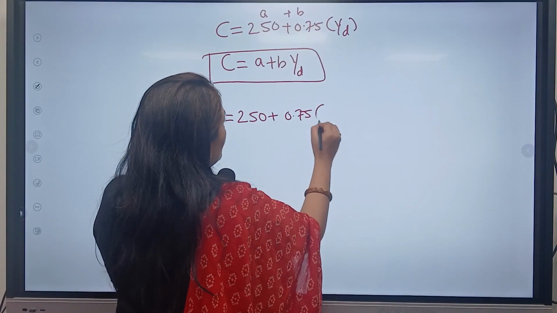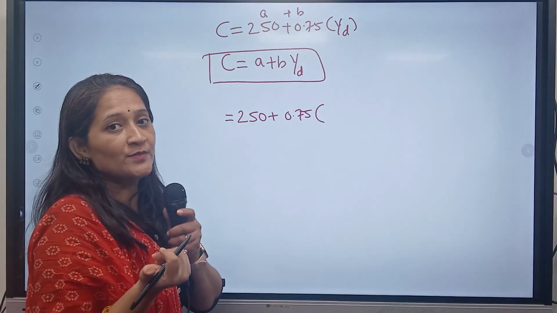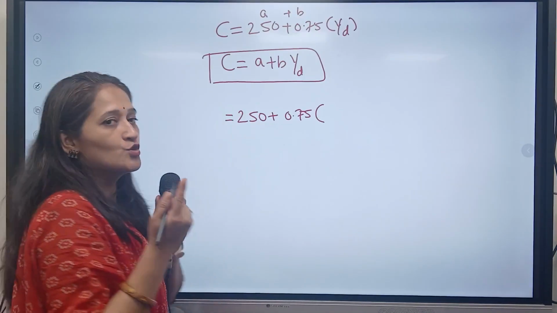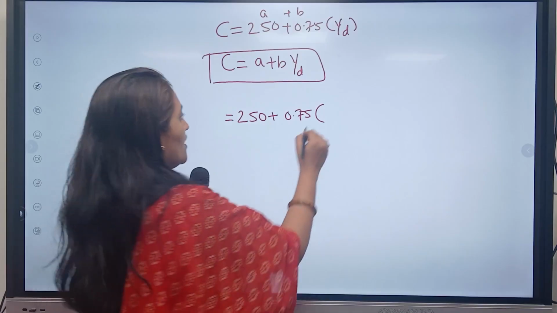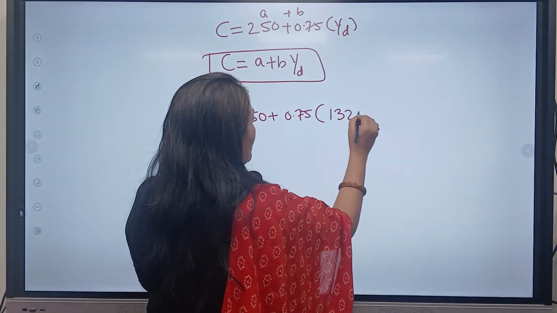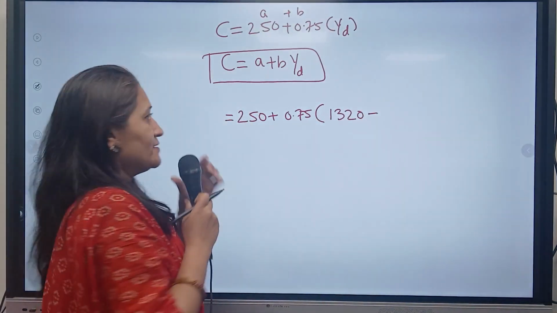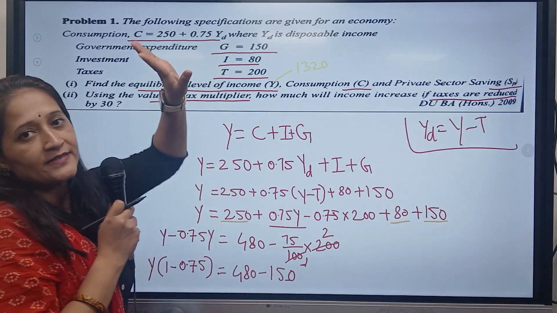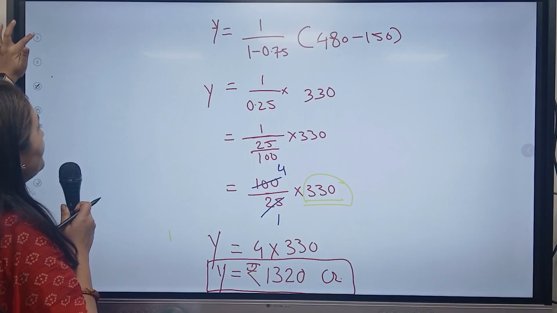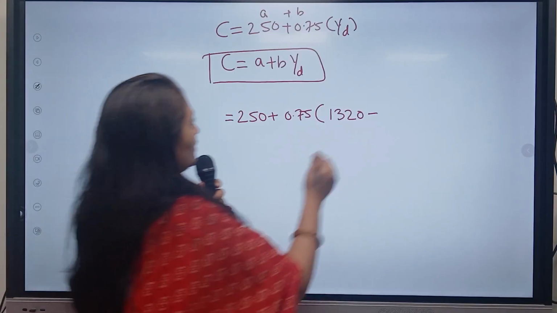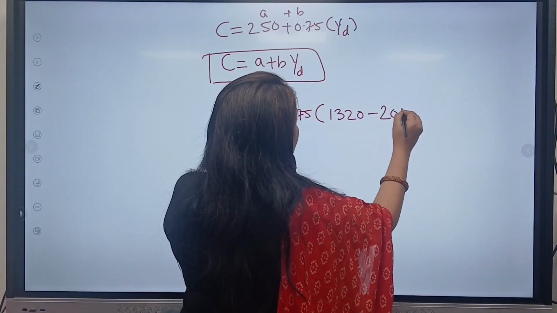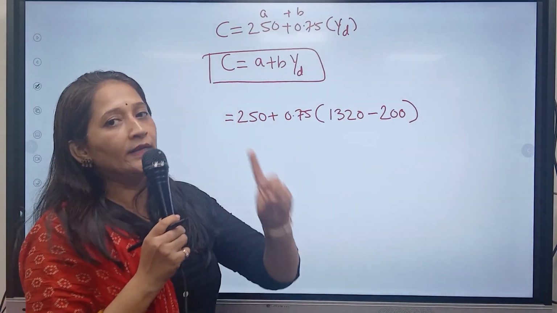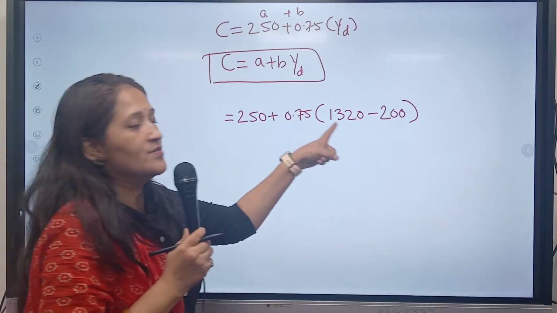And now, disposable income is what? The total income of the country minus taxes. We know the total income of the country is 1,320 minus taxes. Let's check what is the value for tax. If I am not wrong, it is 200. Yes, 200 crore rupees of tax is being imposed on the country. So 1,320 minus taxes of 200 crore will give us disposable income here.